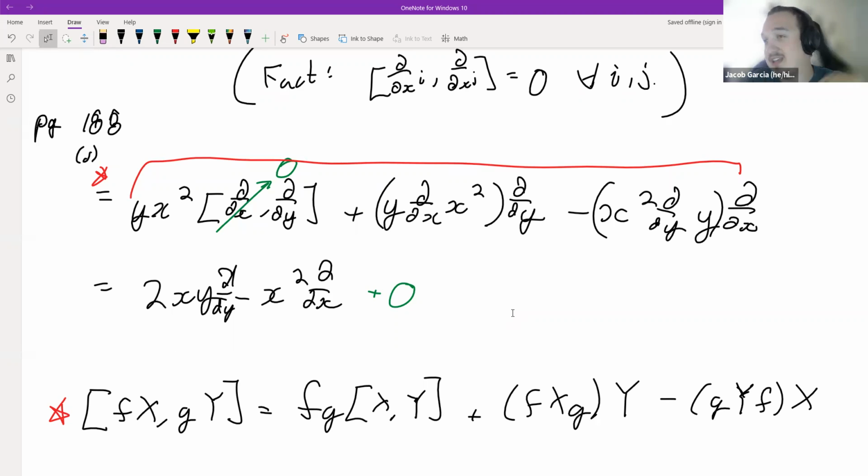And when you're actually computing Lie brackets, say on the qual or in the final, these Lie brackets always end up being computed on vector fields on R3. So you can always use this to eventually get it down to where all the Lie brackets disappear. And that's one way to do this.